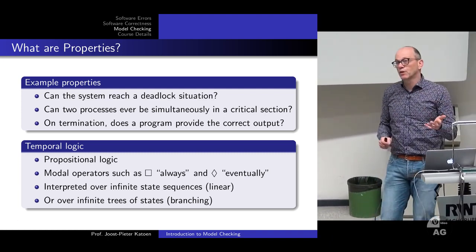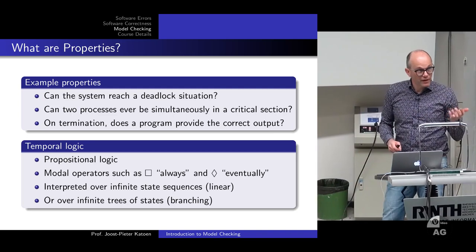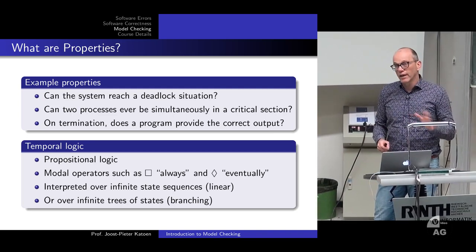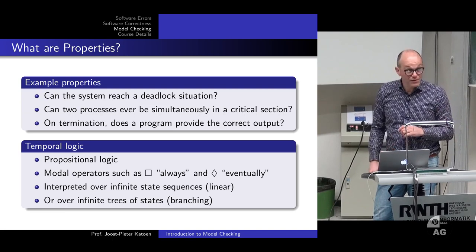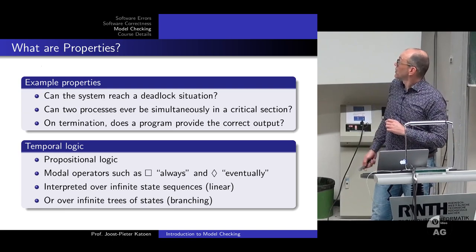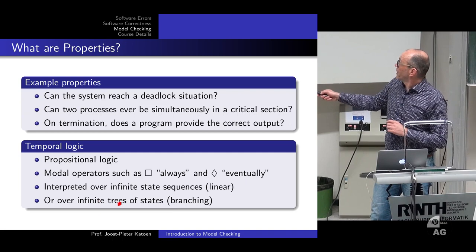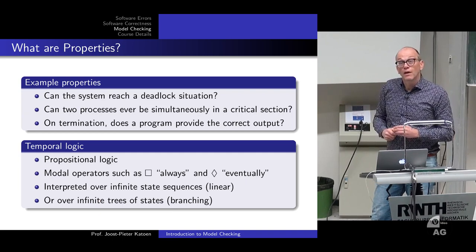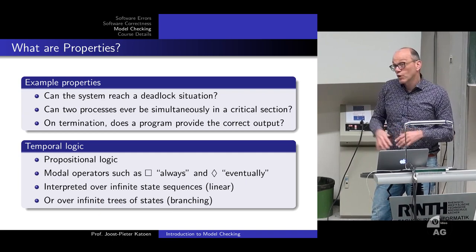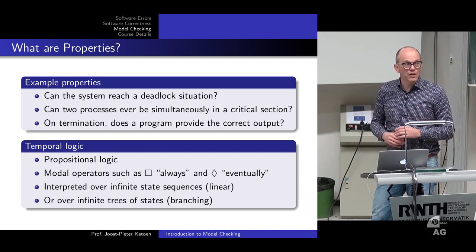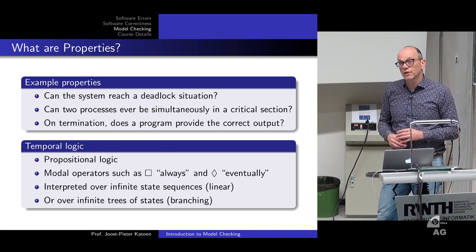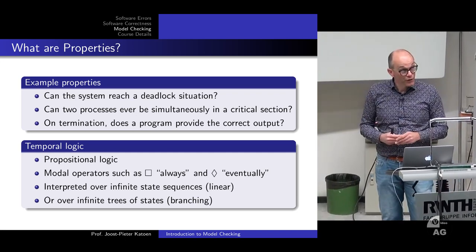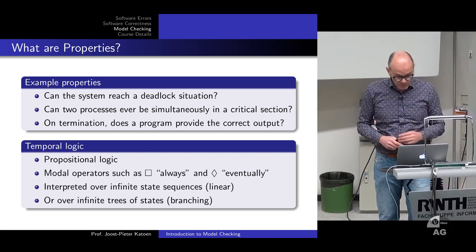You have linear temporal logics that are interpreted over linear structures, and our linear structures will be infinite sequences of states. There is also the possibility to interpret logics over infinite trees, and then we call these logics branching logics. We're also going to see some logics that are interpreted over infinite trees.